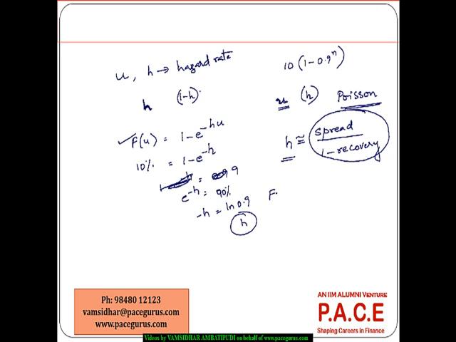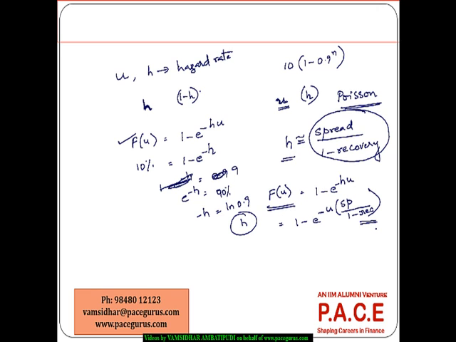So which means if I have to find out the cumulative probability of default within time period u, which I earlier came out as 1 minus e to the power of minus hu, it is nothing but 1 minus e to the power of minus u times spread divided by 1 minus recovery. So this is the kind of formula which we are arriving at for computing the default probability for a future period u.